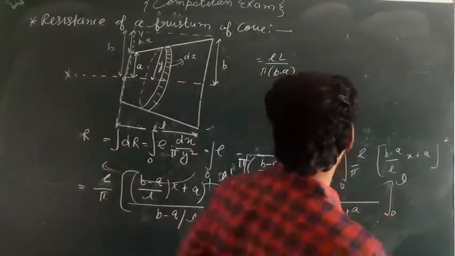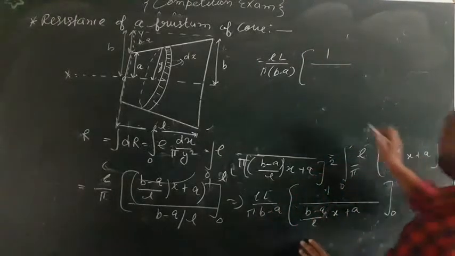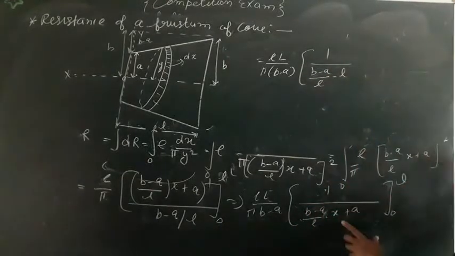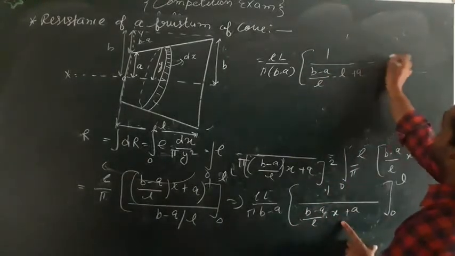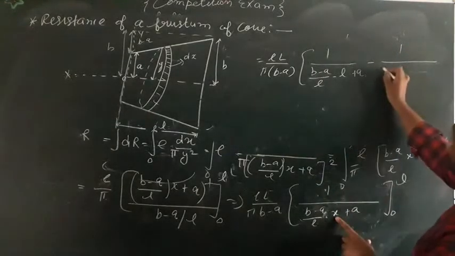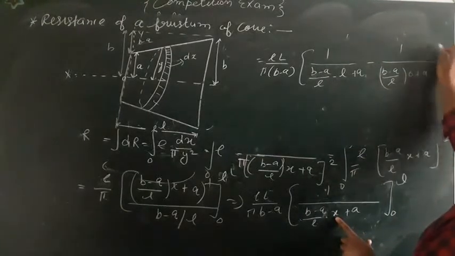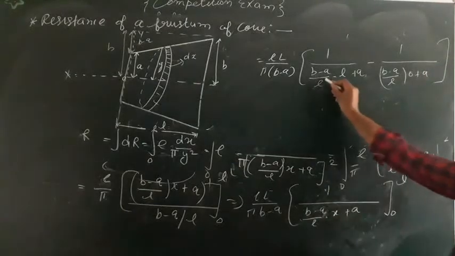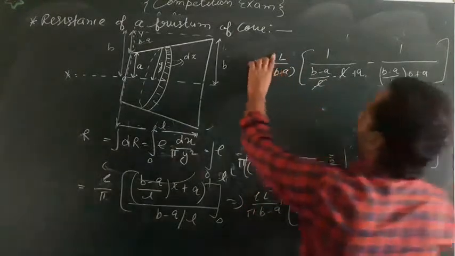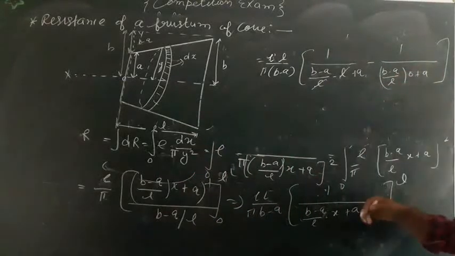So 1 upon b minus a divided by L into L plus a, minus 1 upon, now put 0 in place of x. When you put 0 here, it comes out to be b minus a divided by L into 0 plus a. Clear? So this L cancels with this L, or take it as capital L for ease of understanding.